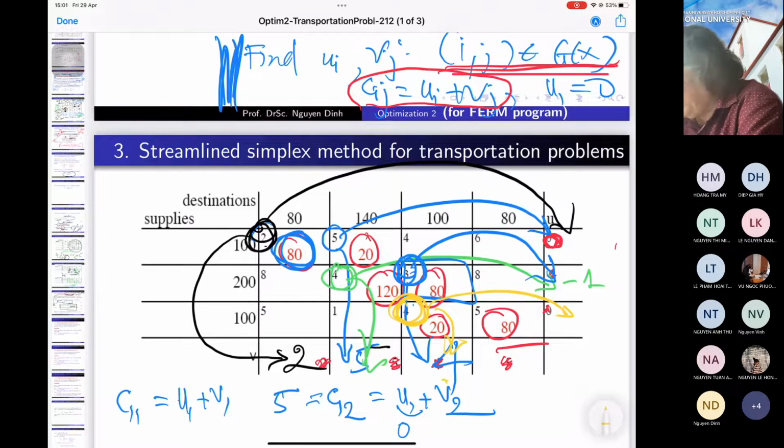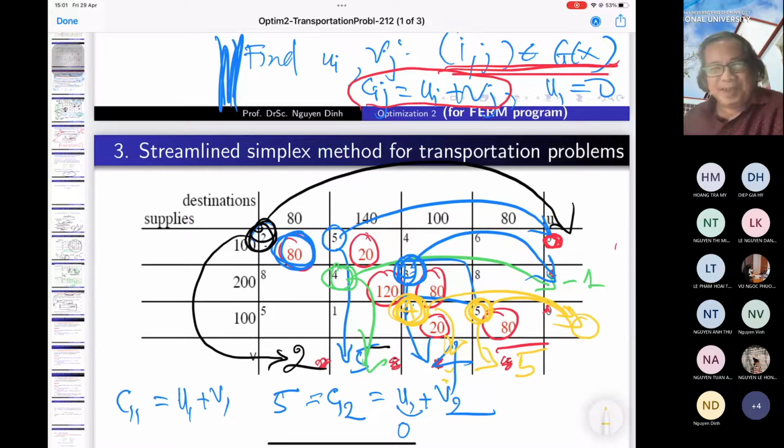But here is 4, so the number 4 here is equal to 4 here plus 0. Okay. And now you still have here 5. 5 equals 0 plus something here, and this should be 5. Is that okay? So you can find out Ui and Vj very easily.